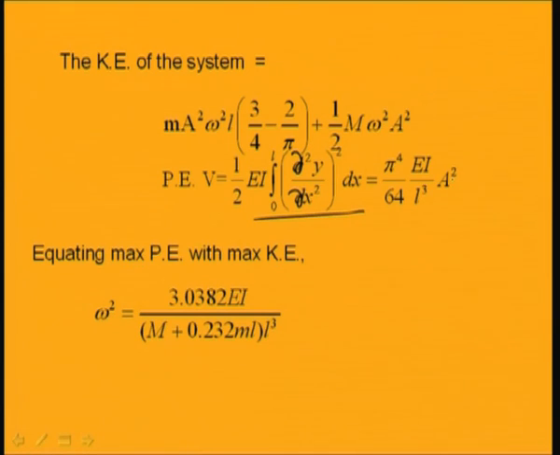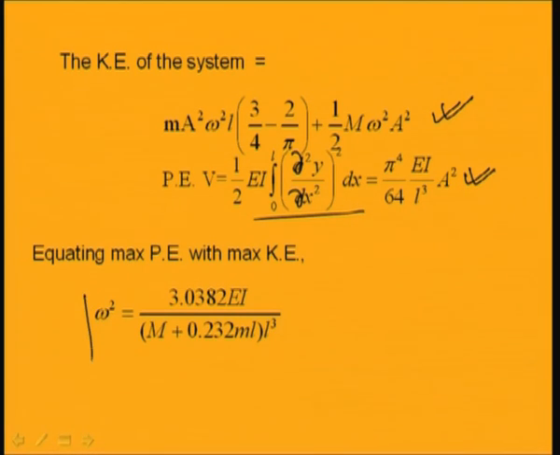Now, by equating this maximum kinetic energy with this maximum potential energy, you can find omega square equal to 3.0382 E I by (m plus 0.232 m L) into L cube.